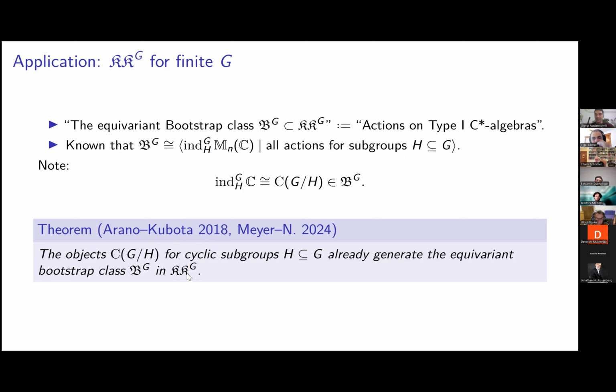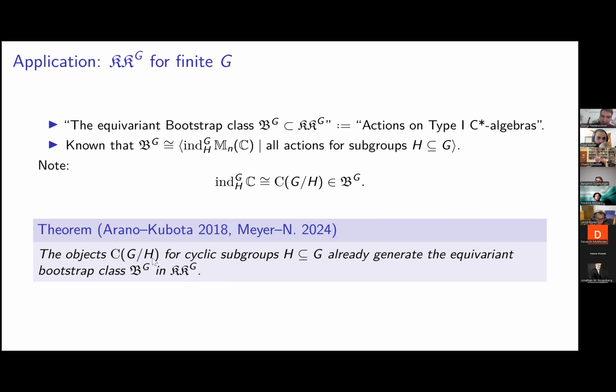So now it very much simplifies our problem, because, as you probably already guessed, I want to classify these objects using the machinery of picking the generators of my bootstrap class. This will be my Gothic C, but now I do not have to pick all of these generators, all the possible matrix actions on matrices and then inducing.